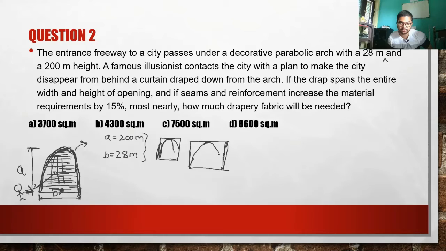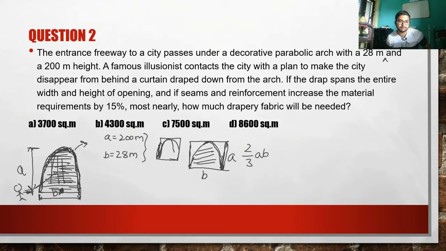It is not exact, but just assume this is a parabola with these two as starting points. Now say this total width is B and this height is A, then the area of this parabola will be 2/3 of the area of the rectangle, that is 2/3 AB.